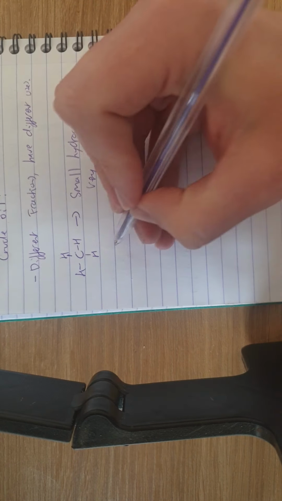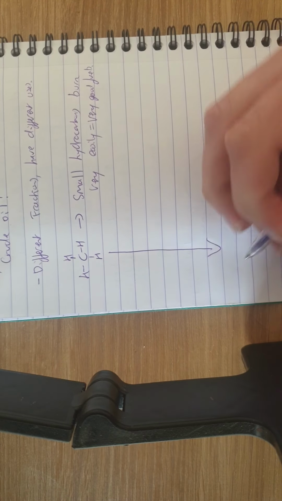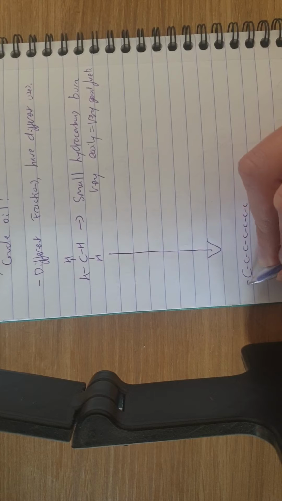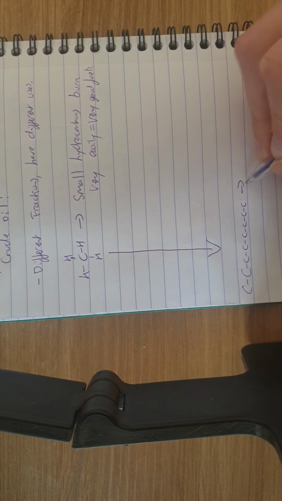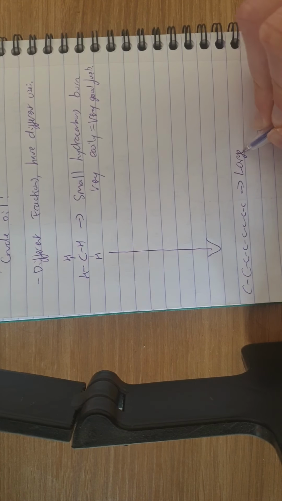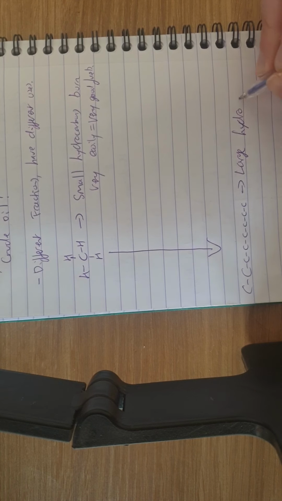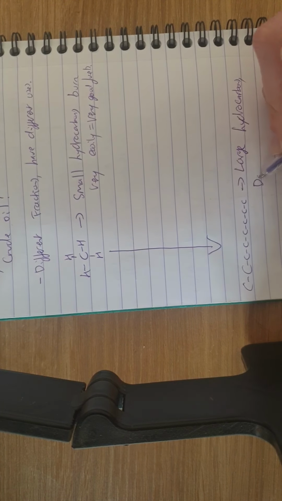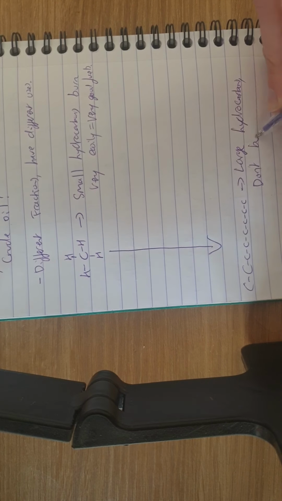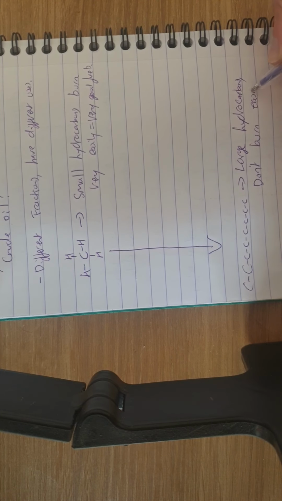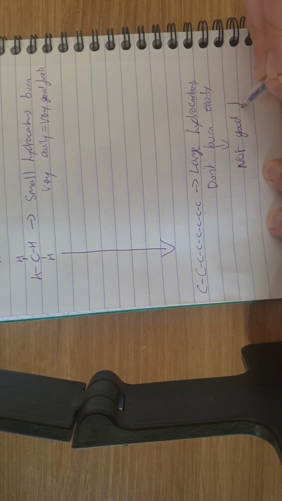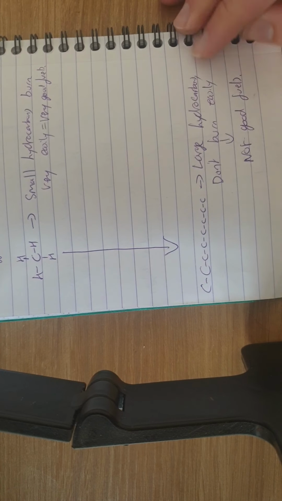As you go down and you get a very large hydrocarbon, now I'm not going to put all the H's on. Large hydrocarbons, they don't burn easily. So they're not good fuels.